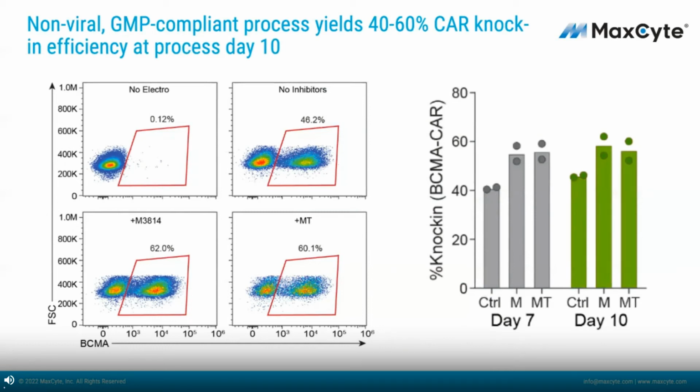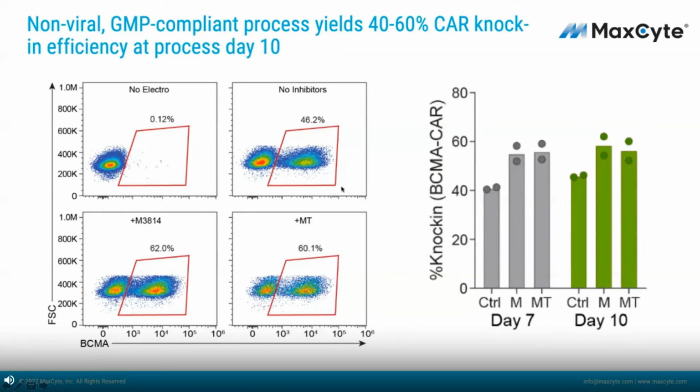And rather than seeing a drop-off in the efficiencies when we did the scale up to a clinical scale, so transfecting now 100 million cells instead of just a couple million cells, and doing this in a way where everything is GMP compliant, we were able to not only maintain the knock-in efficiency which was done at the small scale, we were actually able to significantly improve upon the knock-in efficiency.